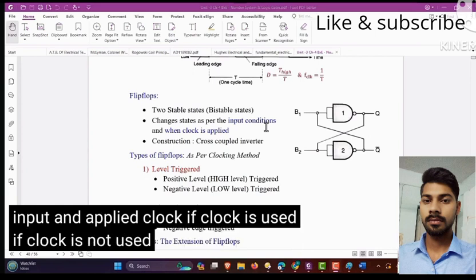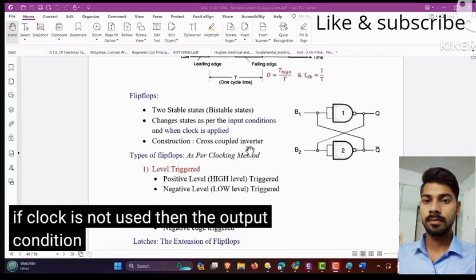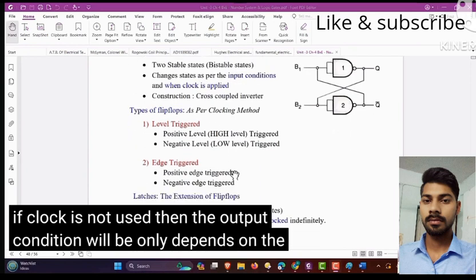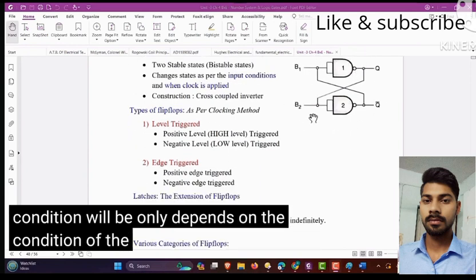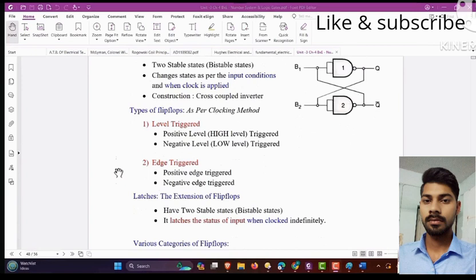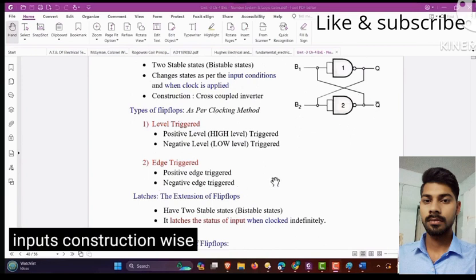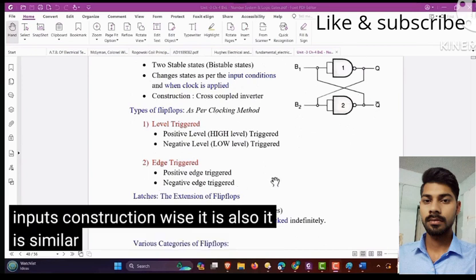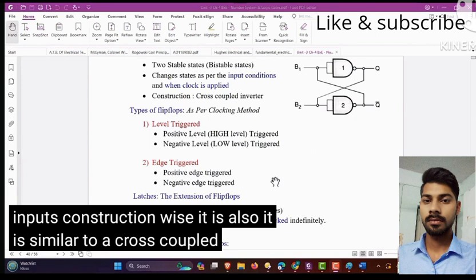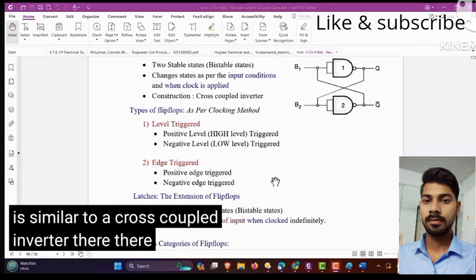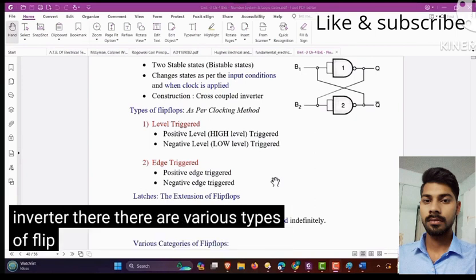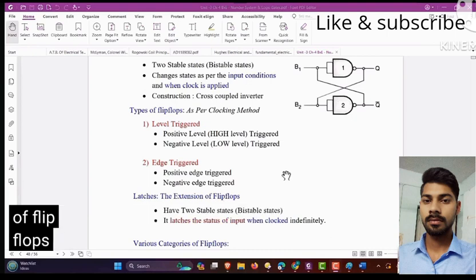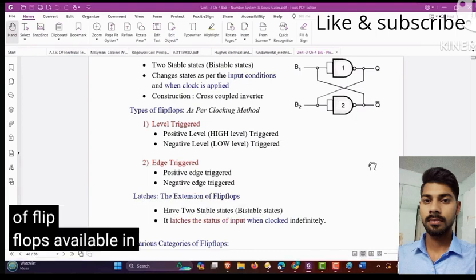If clock is not used, then the output condition will only depend on the condition of the inputs. Construction wise, it is similar to a cross coupled inverter. There are various types of flip-flops available in theory.